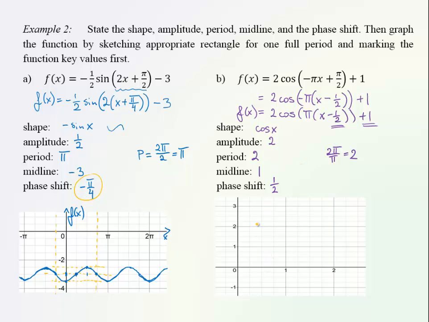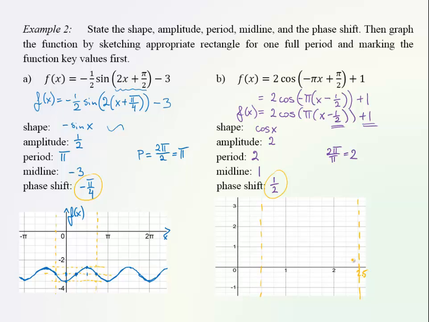Great, let's start drawing. We start drawing from the phase shift, 1/2. This is 1, so this will be 1/2. Vertical line through 1/2. And then we draw another vertical line a full period ahead, like 2 steps ahead. So there will be 1, 2, it will be somewhere there at the point 2.5.